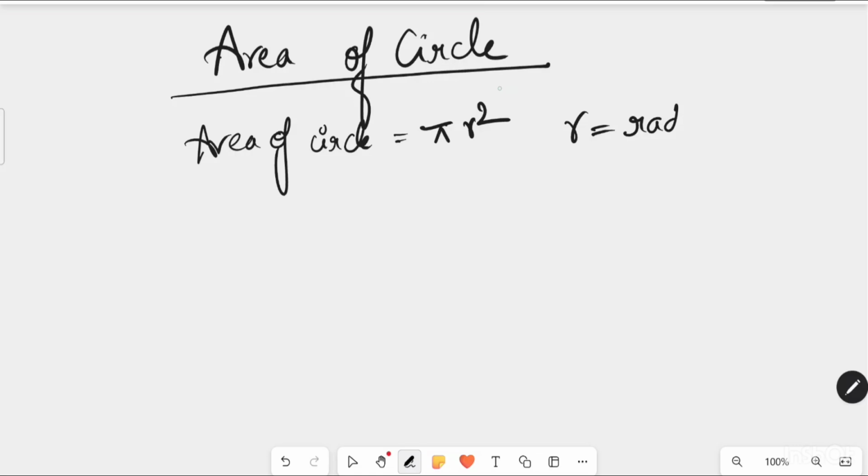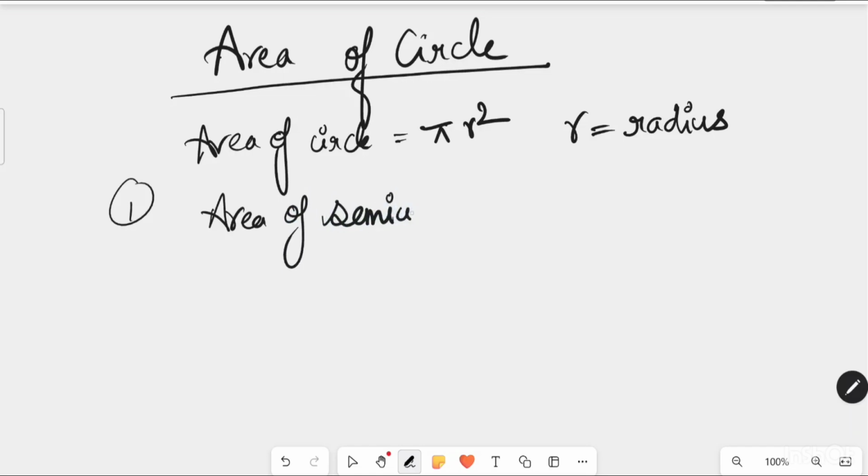Now area of circle. Area of circle is the space occupied by the circle, and area of circle is pi r square, where r is radius. Now area of semicircle is half the area of circle, that is half pi r square.